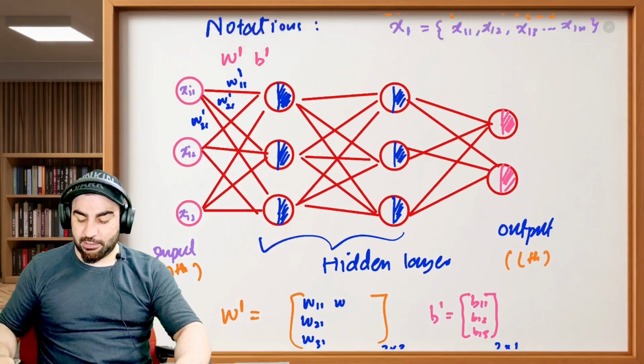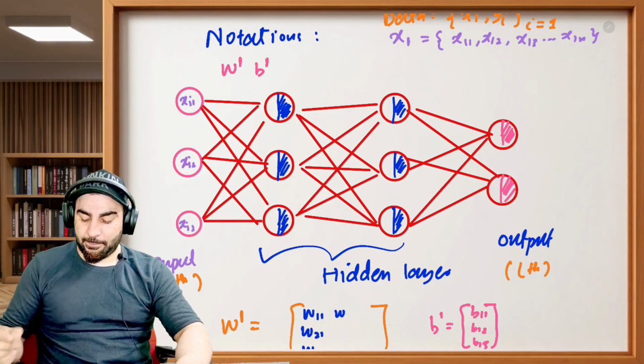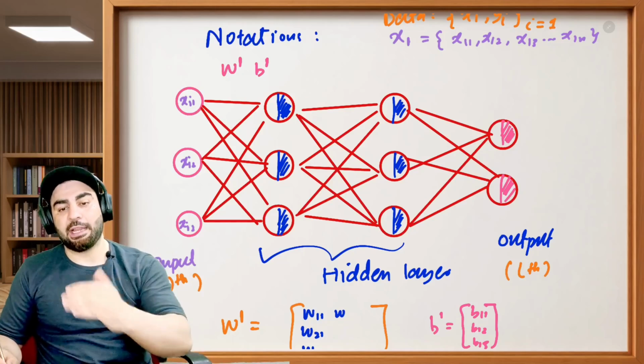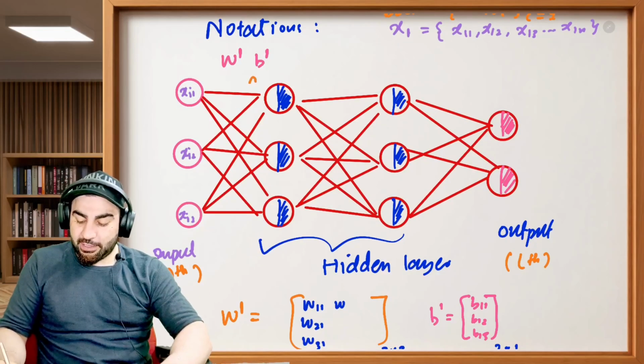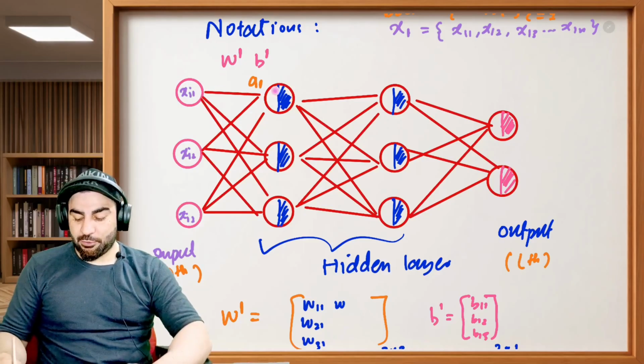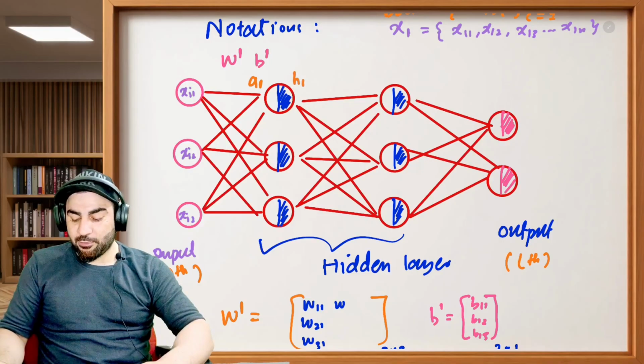Here I'll just remove these so as to remove the clutter. In order to go from here to here, we define the weight, and now we have to apply activation. So we also define A1 over here. When you aggregate, you get A1, and after that you apply an activation, so we'll get H1.